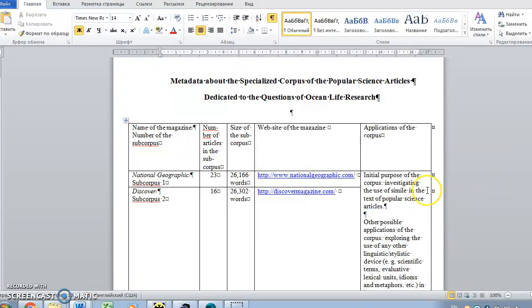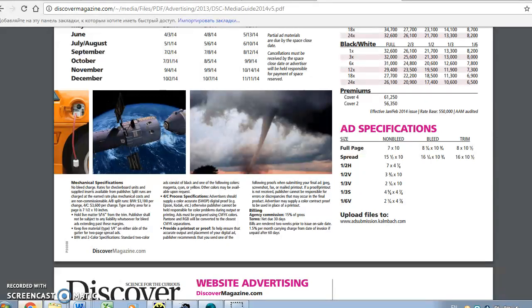And as for all other contextual information, which can be important for this study to this or that extent, I included it in the files with the subcorpora themselves.